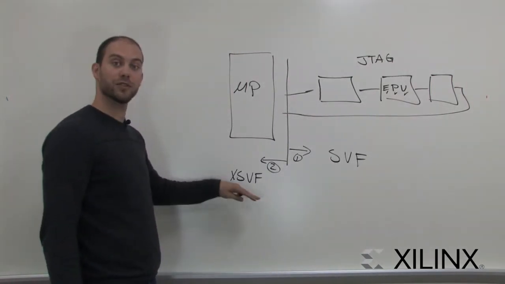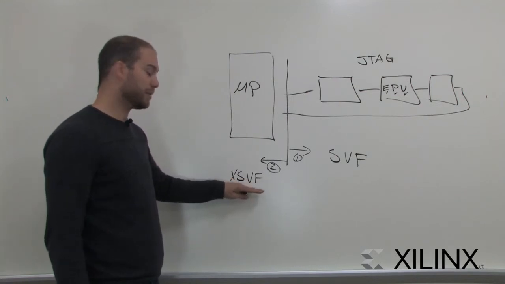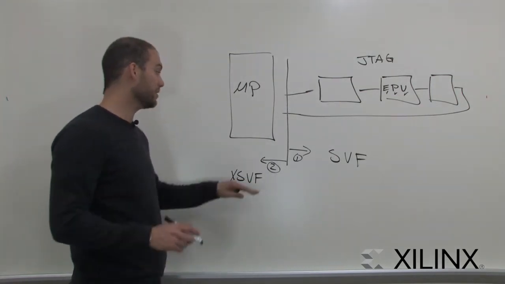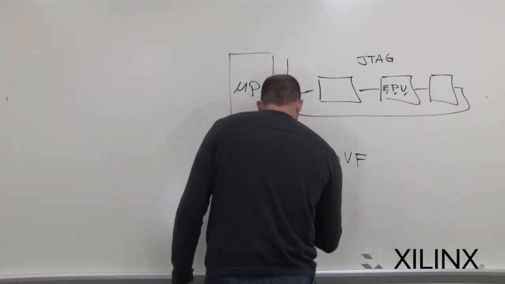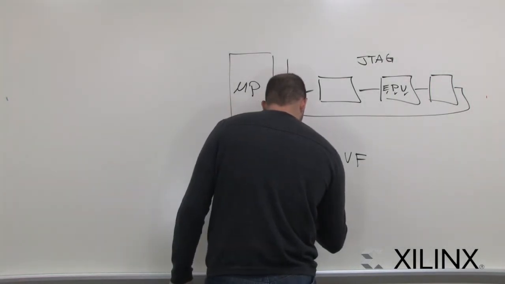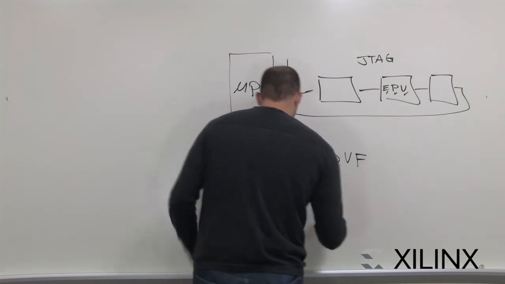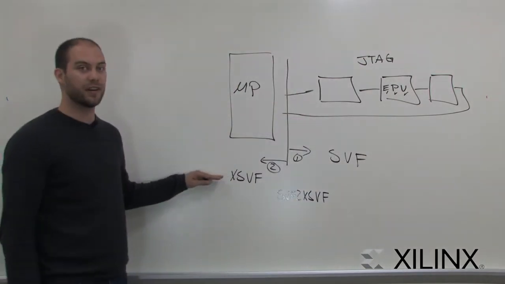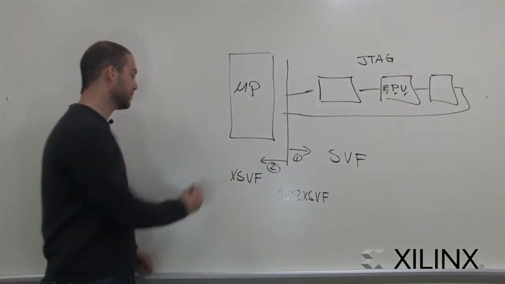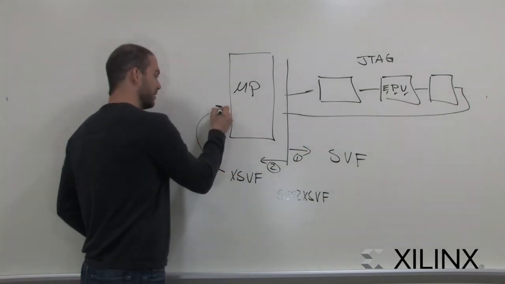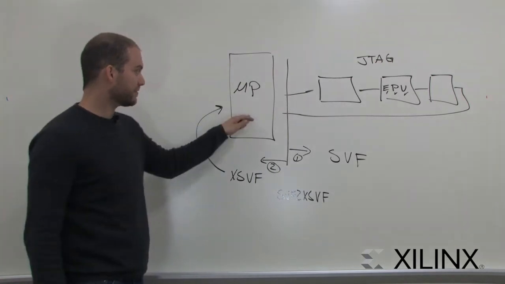XSVF files can also be created through a compilation process included in the application note, SVF to XSVF. These XSVF files are the binary files of the ASCII SVF files and will then be used as inputs into the processor.